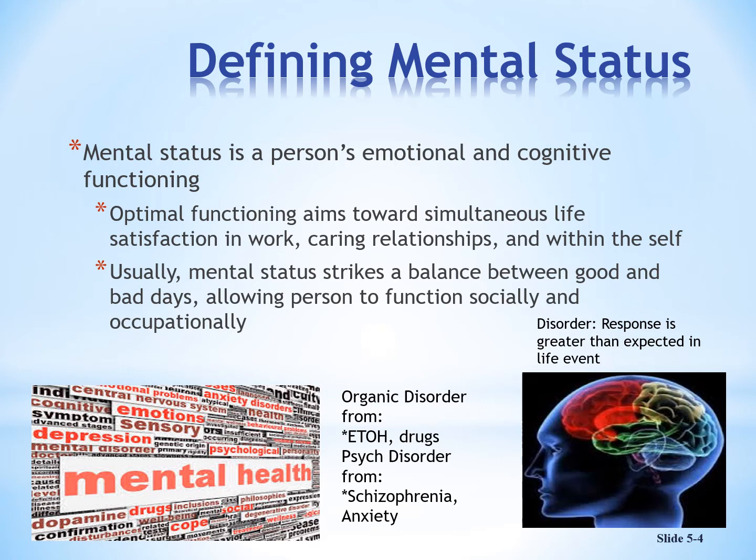And there are different types. You have organic mental disorders, and that would be from things like substance abuse, psych disorders like schizophrenia, or anxiety disorders. But generally, it is a response that is much greater than what is expected in a life event.